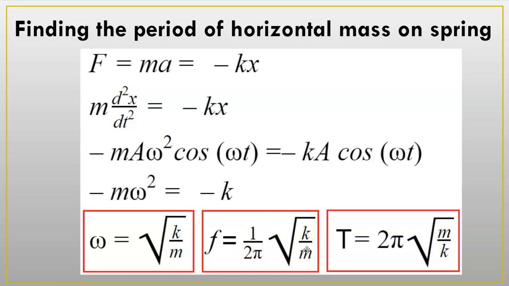And what I really want is the period, which is the inverse of f. So I got to turn this whole thing upside down on its head. 1 over 2 pi, when I invert it, is going to become 2 pi, and I invert square root k over m. I get the square root of m over k. So this last box here is really the best of all of these, the one that we want. That is capital T, the period that we're looking for.